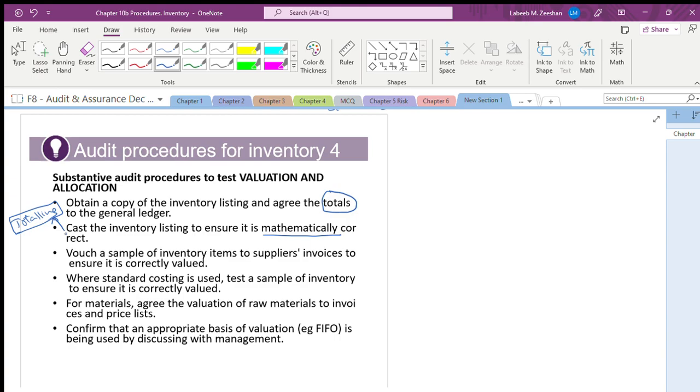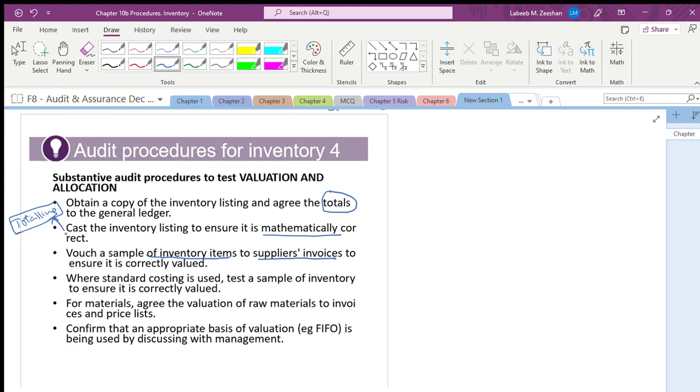Agree a sample of inventories to supplier invoices. Whatever inventory we are going to dispatch has to be matched with the supplier's invoice.